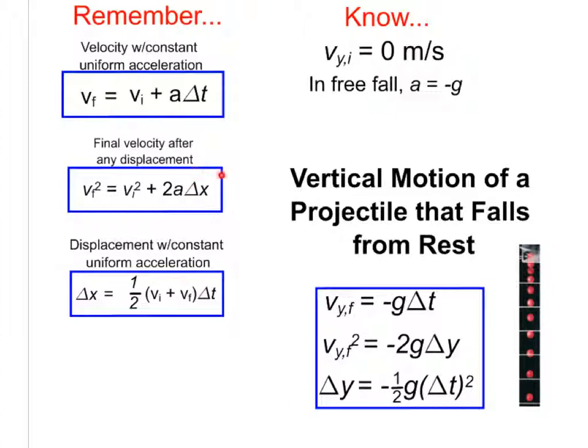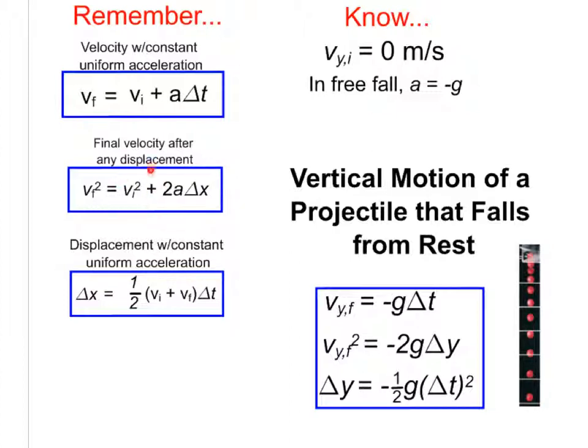Now this is delta x because we were just talking about one-dimensional motion. We're now talking about two-dimensional motion, and we're talking about the up and down dimension, the vertical dimension. We're calling it delta y. This is just represented in any direction. So we're going to change that into our delta y because we're talking about this vertical up and down direction. And again, our initial velocity is going to be 0 meters per second.